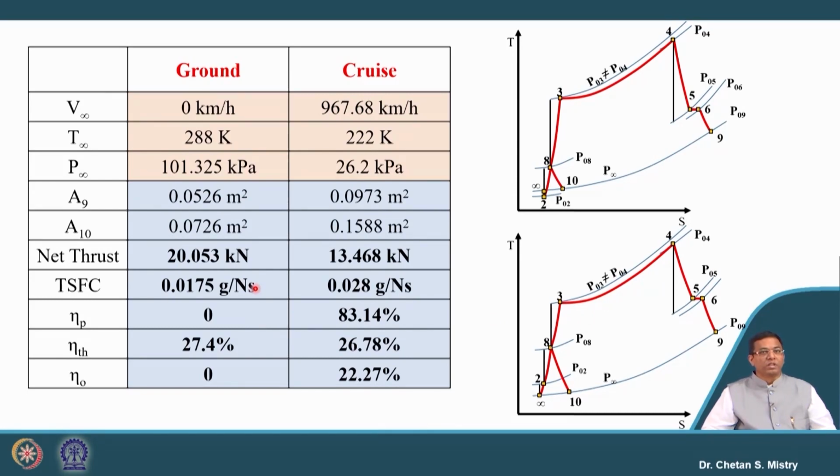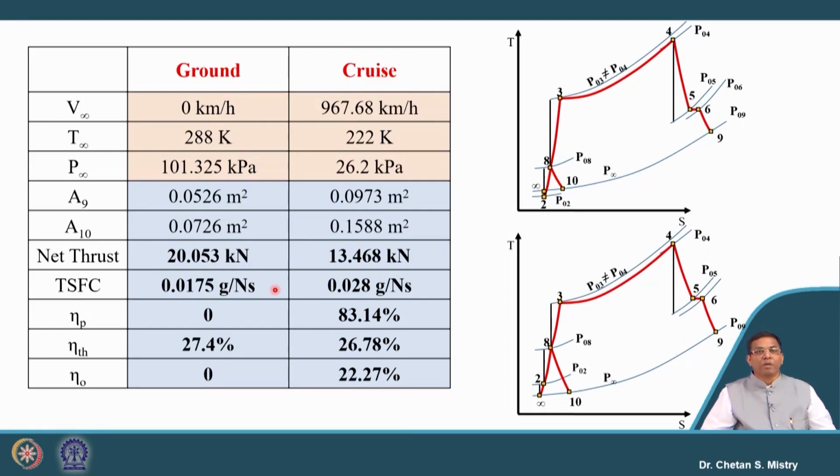In this case, for the same engine, if I run it at ground condition, my net thrust is 20 kilonewton, but when we are flying at a particular altitude and particular speed, my thrust is going to reduce. Okay. So, you can understand the effect on my thrust at a particular altitude.